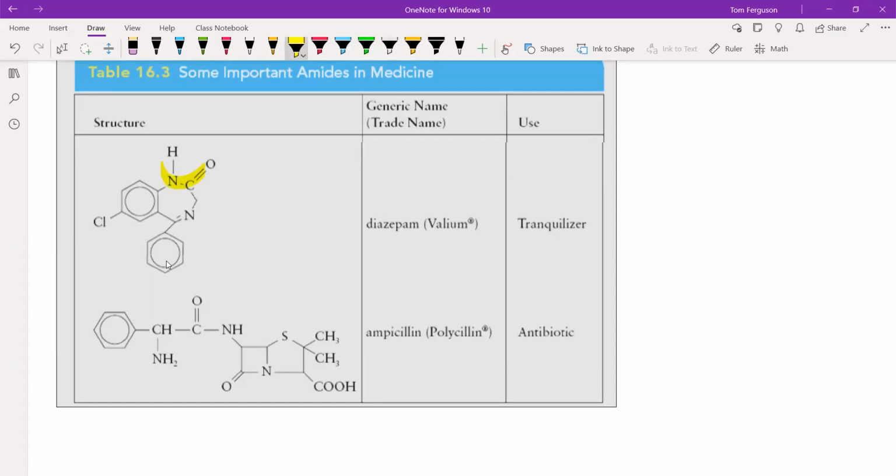Amide, amide, amide, amide, all over the place. And these are various forms of penicillin. So depending on these functional groups, the characteristics of that penicillin will change, and how it interacts with bacteria.